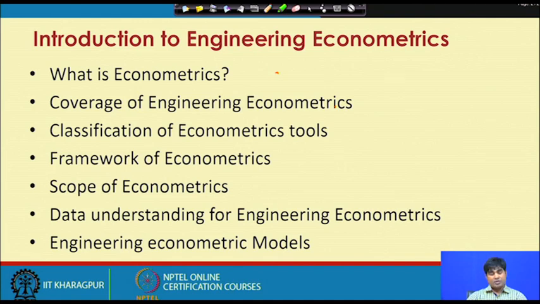And in the last part we will discuss engineering econometric models. So, these are the components we would like to address in our first lecture.